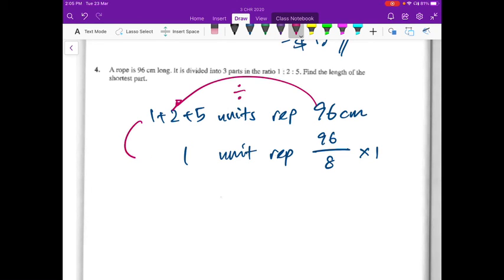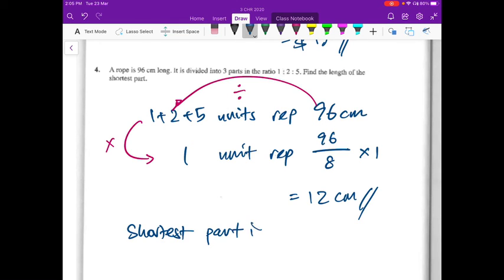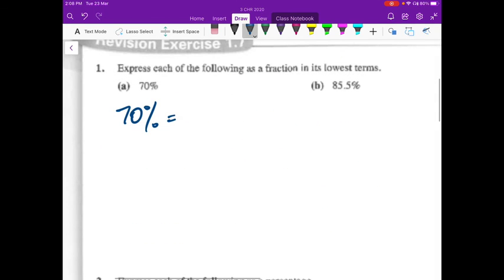Divide. Times. Okay? That's the first one.